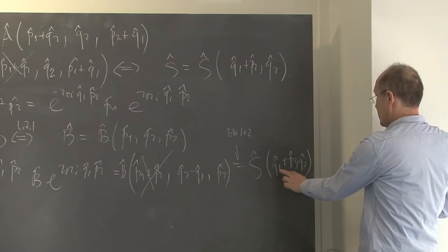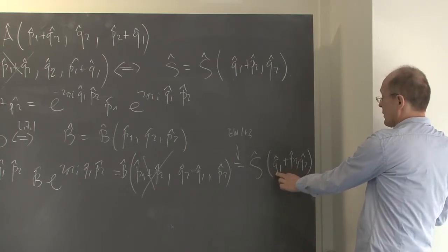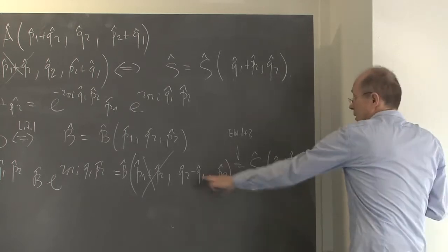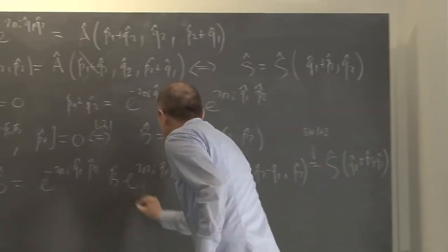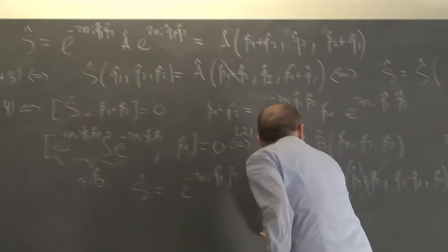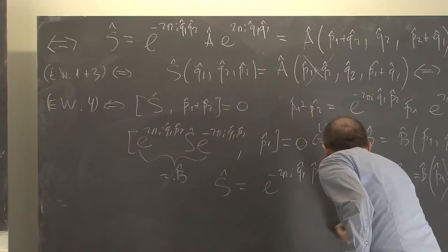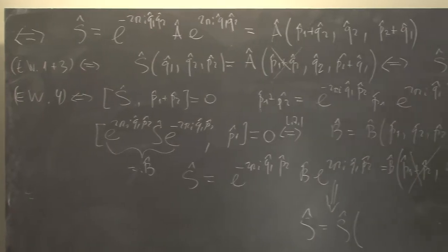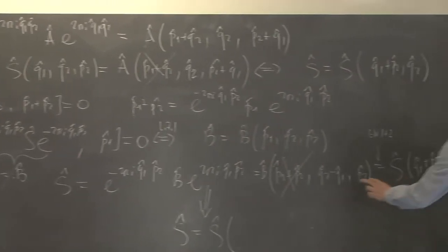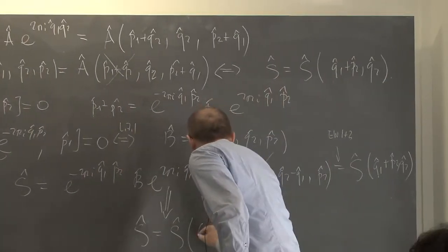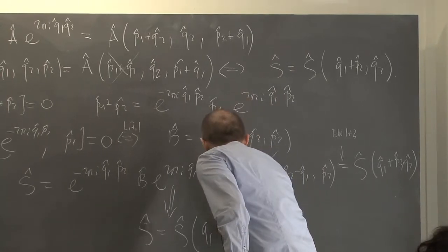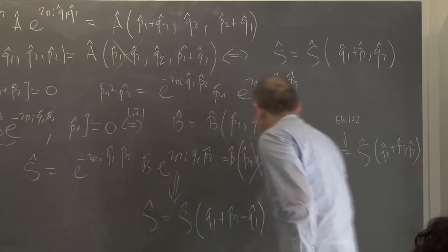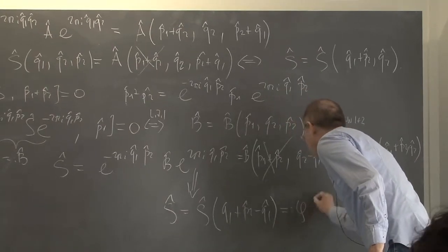And we see that P2 should enter in the combination with Q1 plus P2. And so that ends us with only one possibility, that S hat is S hat of Q1 plus P2 and minus Q1. Right? So, and this is the phi of.